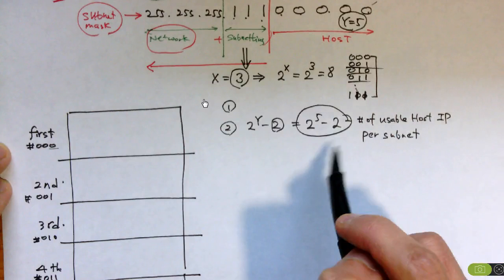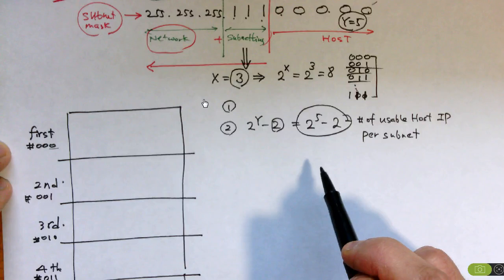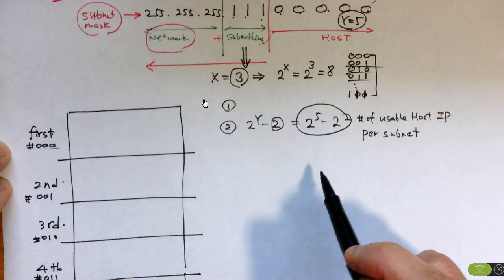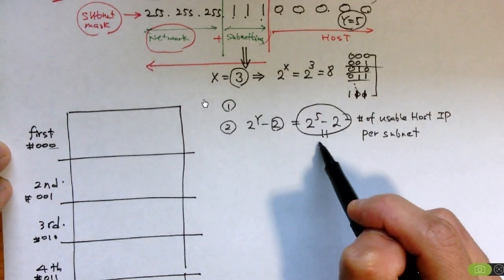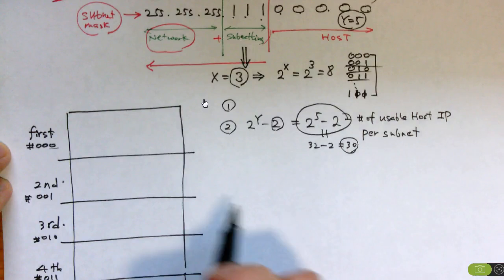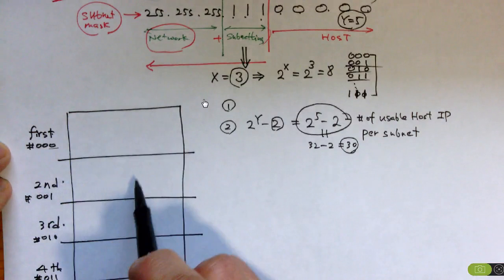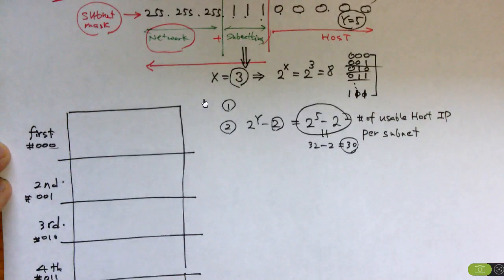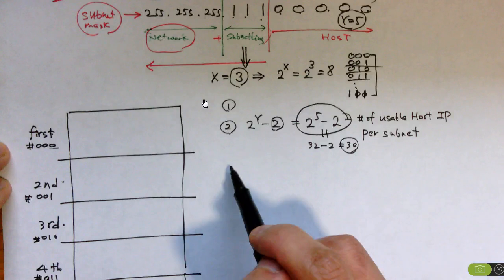Each subnet can have 32 minus 2, so this is 30. So each subnet can have 30 host IP addresses. Okay? So number 3.